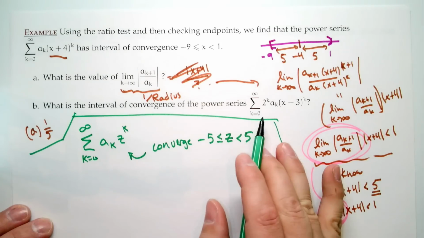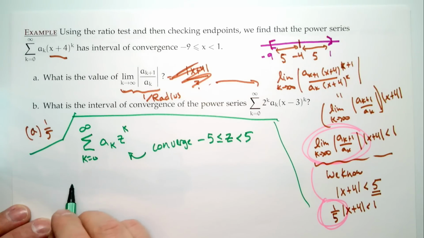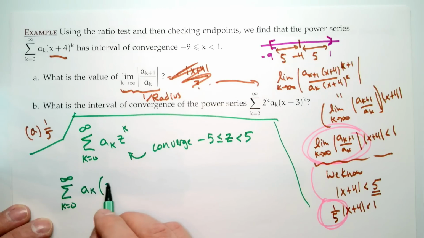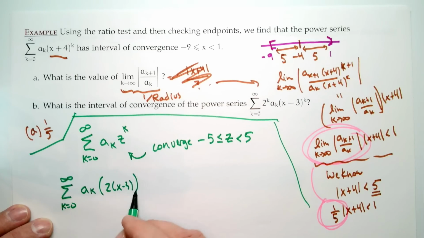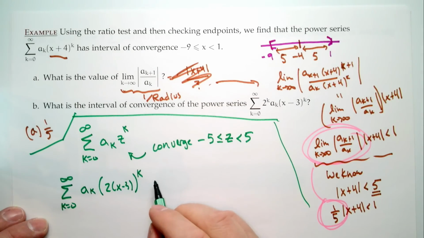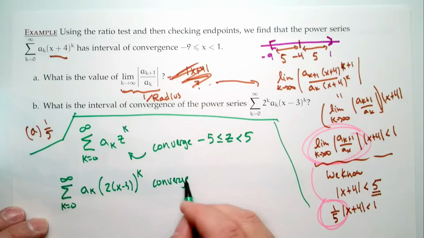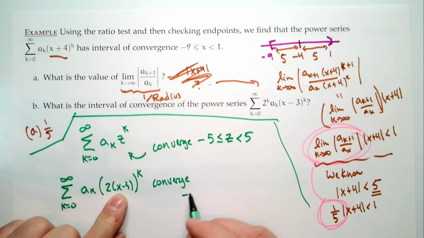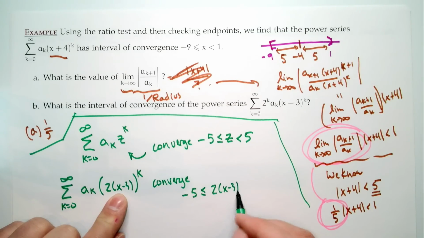If we look at part B, what do we say? For part B we have the sum, k equals 0 to infinity, and I can rewrite this as a_k times (2(x minus 3)) to the k. So this will converge when -5 is less than or equal to 2 times (x minus 3), and that's less than 5.